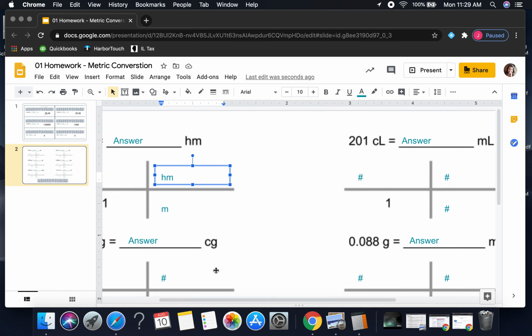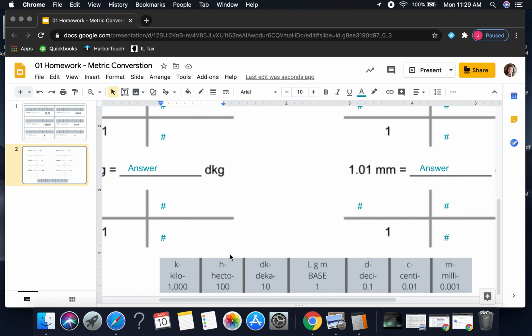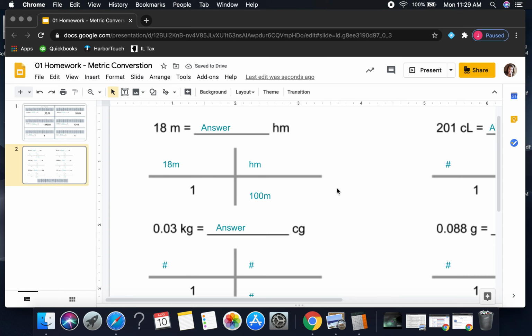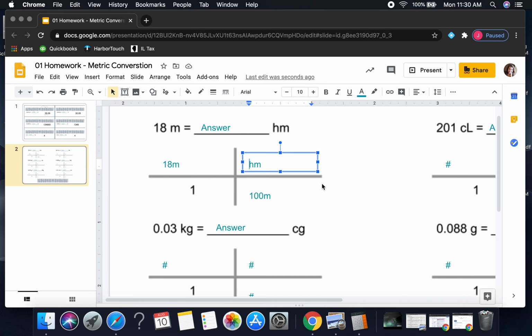Our units are meters and hectometers, and hectometers is bigger than meters. So there's 100 meters in a hectometer, and we're going to put 100 in front of the meters. Because we have it all set up, there's 100 meters and 1 hectometer.